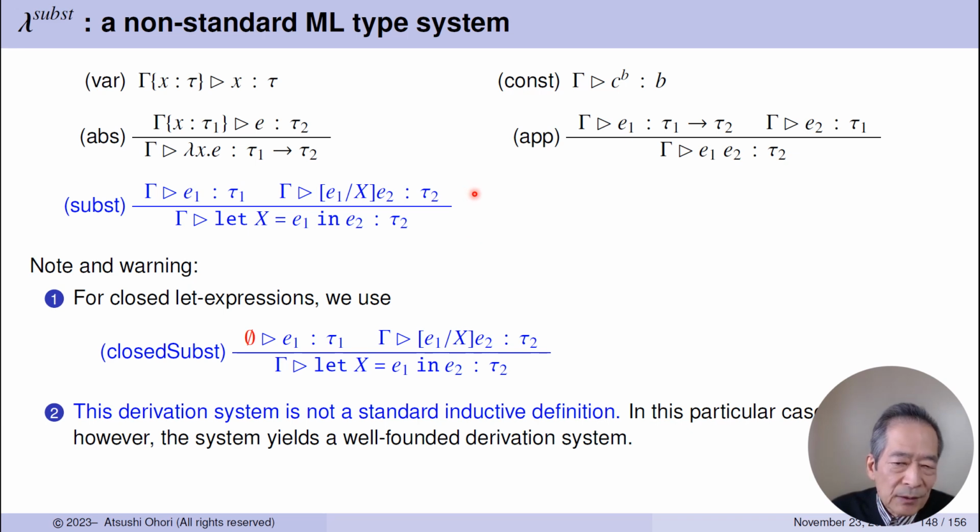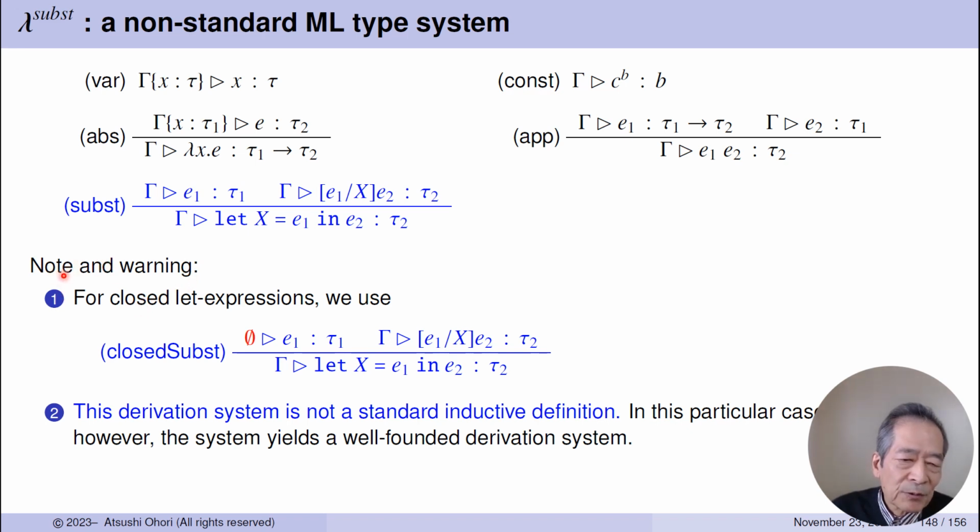You may find some mention of this rule in some textbook, I'm not sure, referring to this as just a simple macro expansion, and therefore kind of obvious. Now, this rule is potentially quite dangerous, and usually this form of rule does not make any sensible derivation tree logical system. So, note and warning.